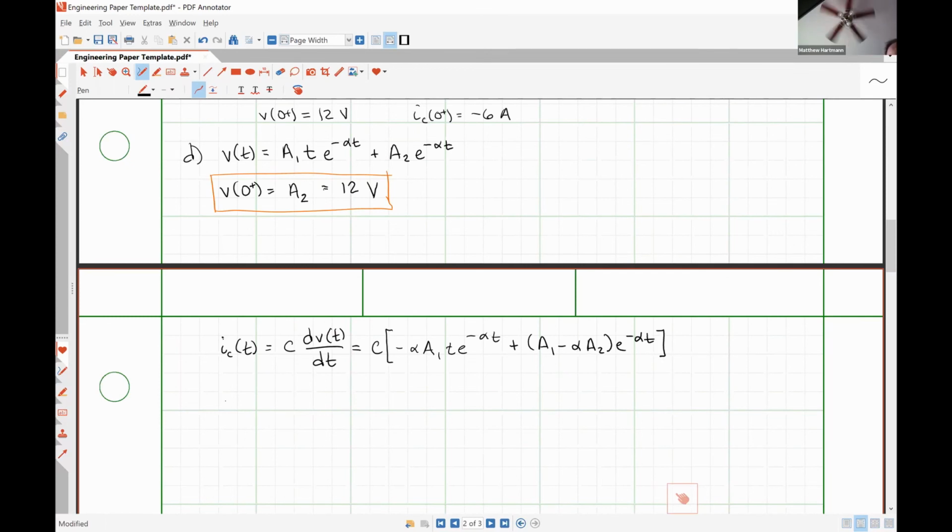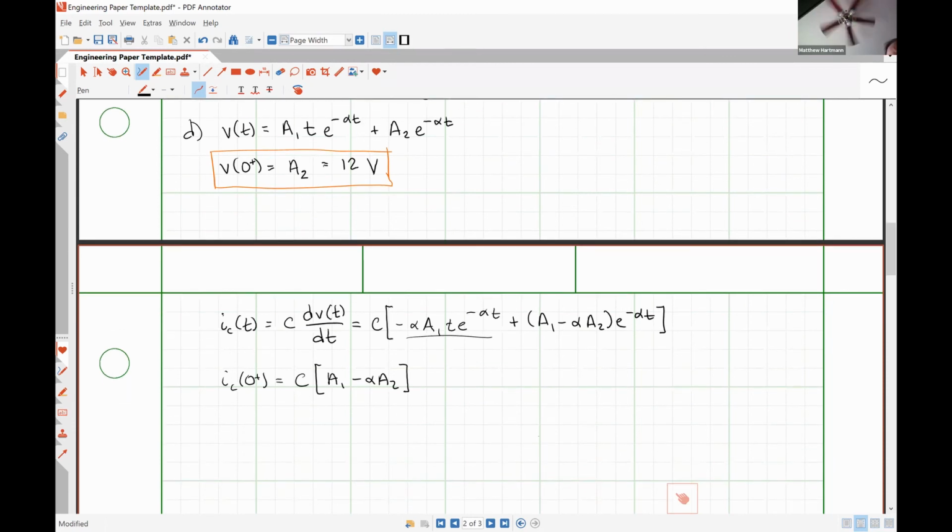And IC at 0 plus is going to cause this expression to reduce to, so that whole first term right here is going to go away because we're multiplying by 0. So we're going to have C multiplied by A1 minus alpha A2, and e to the minus alpha t reduces to 1. So this is our expression. So let's see, C was 0.1 farads.